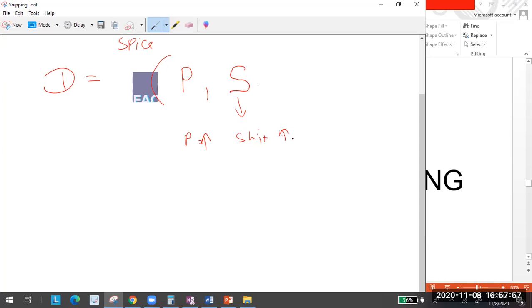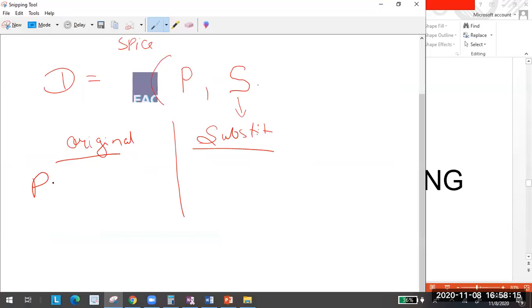If the price of the original product increases, then what will happen to the demand of the substitute product? It will increase. Very good. Now we are shifting our priorities, right?